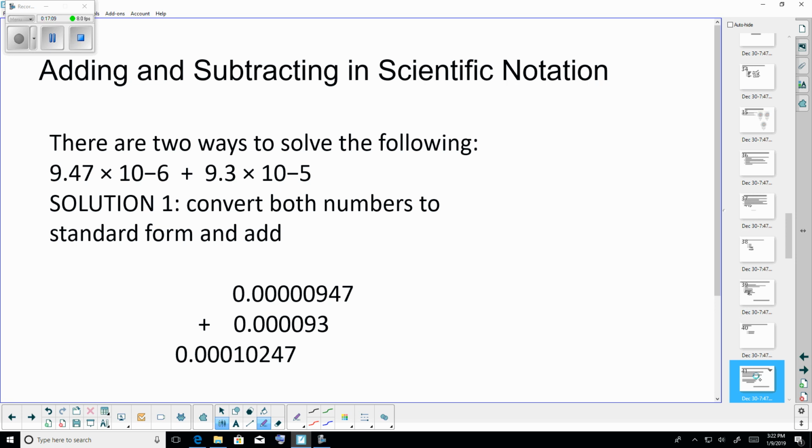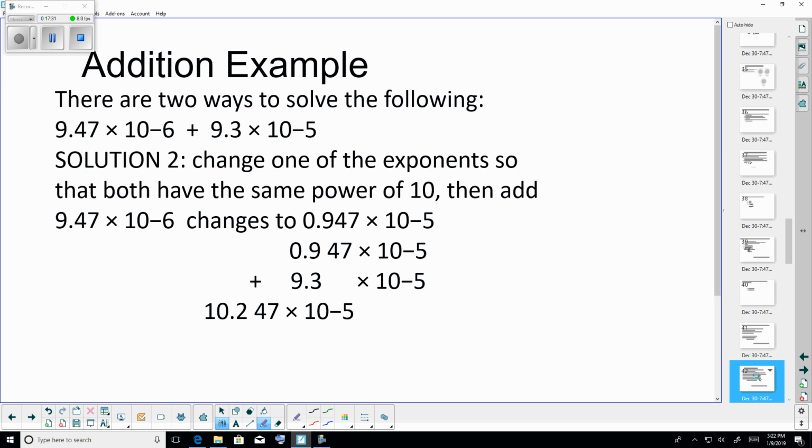If you're doing scientific notation, there's 2 ways to do it. You can convert them both to standard form and do it, which can be a pain if they're large numbers. Or change one of the exponents so that they're both the same.